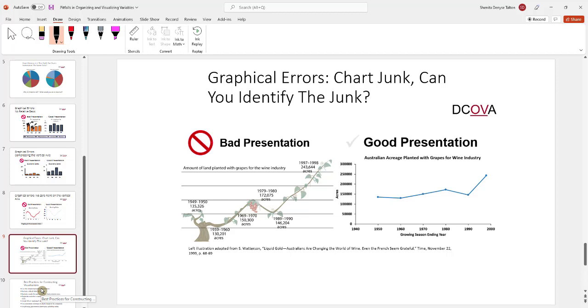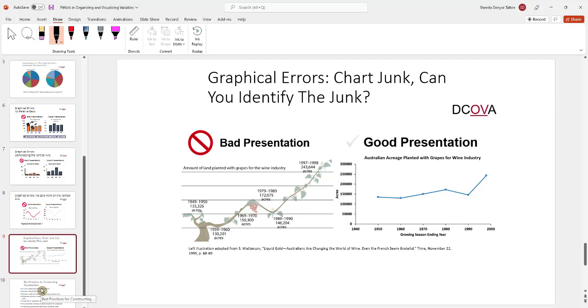So they tried to throw in a picture, and the first part here says 1949 to 1950, they had 135,326 acres of land. And then it dips down from 1959 to 1960 to 130,201 acres and so on. So this graph is displaying a little bit too much. You got too much writing, you got pictures, it's just not a good graph.